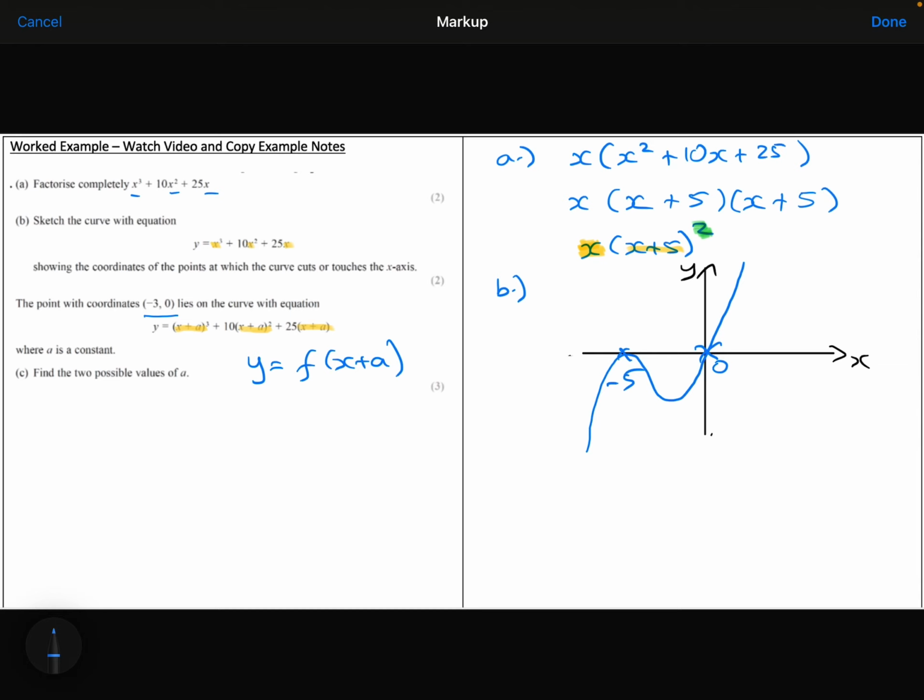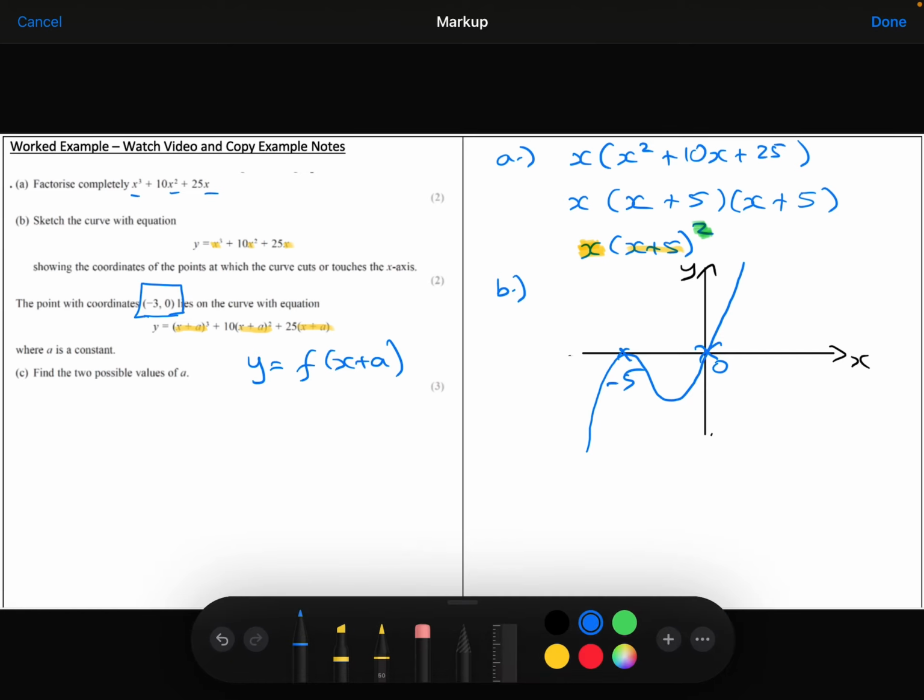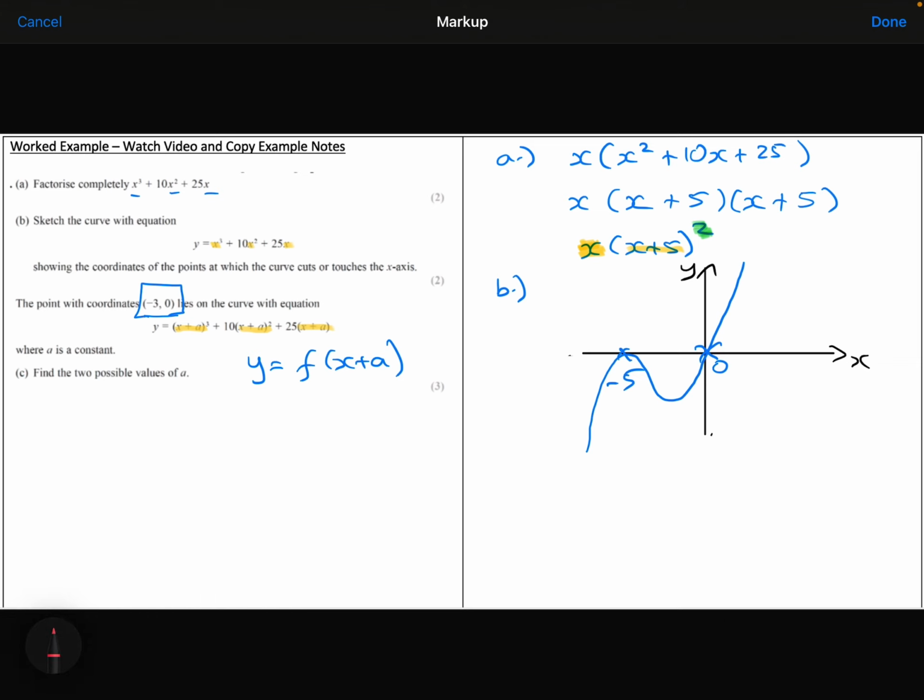I'm then told that when I move this graph in the x direction, it is going to go through the coordinate minus 3, 0. So it could be that the graph has moved to minus 3 like this and is now looking like that.